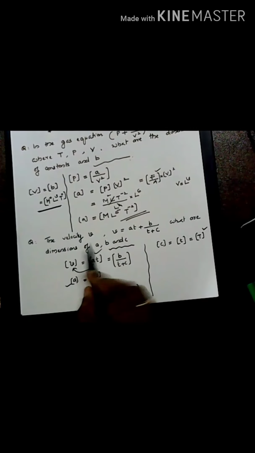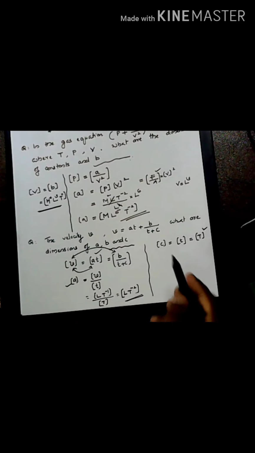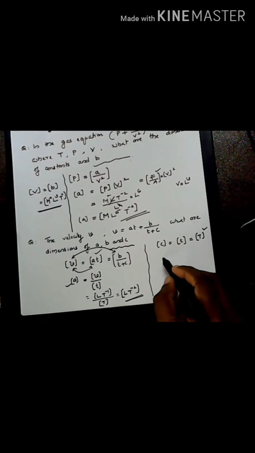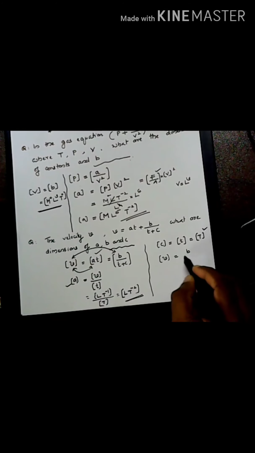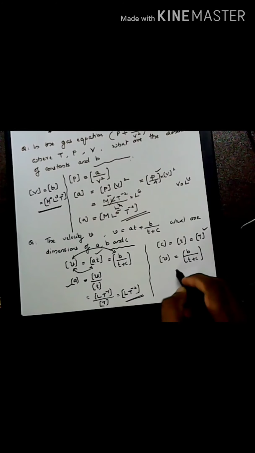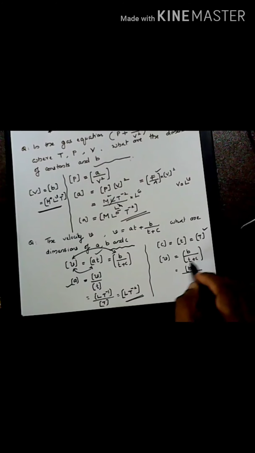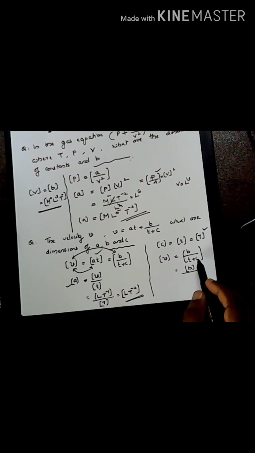Then we can link that velocity with this term. Then we can easily write that velocity got the dimension of b by t plus c. But we know the numerator, the dimension of b by the dimension of c. We know the t plus c got the dimension of the same, and hence we got the value as c.